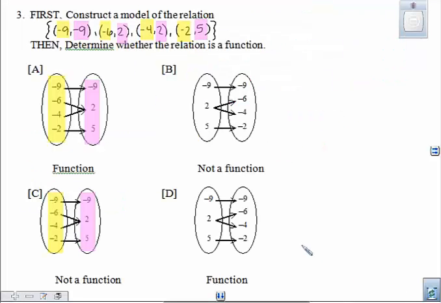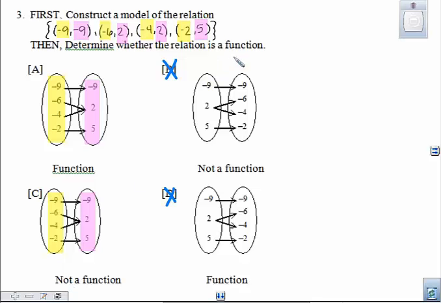Number 3 asks you to construct a model of this relation and then determine if it's a function or not. I went ahead and highlighted all of your x values and all of your y values. The only one of the models that has your x values and y values listed correctly are A and C, so you can quickly eliminate B and D. The only difference from A and C is A says it's a function and C says it is not.